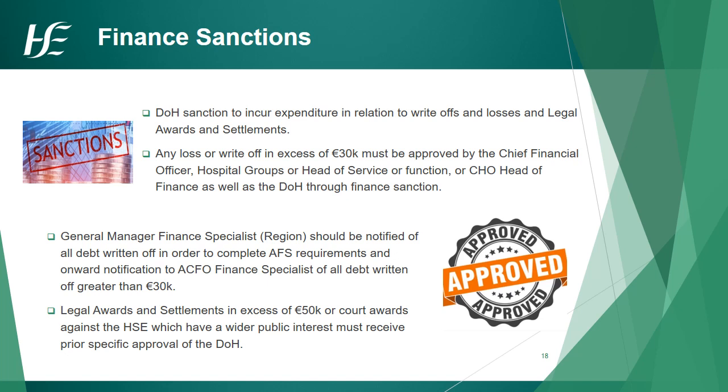Legal awards and settlements in excess of $50,000 or court awards against the HSE which have a wider public interest must receive prior specific approval of the Department of Health. For more information on legal awards and settlements, please see Section 6.2 of the NFR.